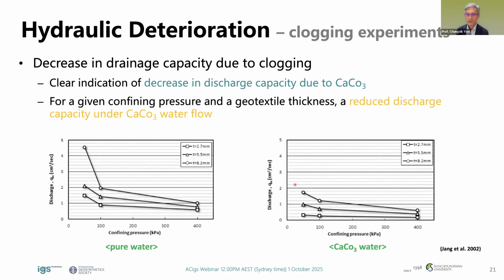You can clearly see from these two graphs, one using pure water and the other with calcium carbonate, that for a given confining pressure, when the calcium carbonate solution flows, you can clog geotextiles and you have a problem. This really highlights why it is critical to account for potential clogging when designing tunnel drainage systems.